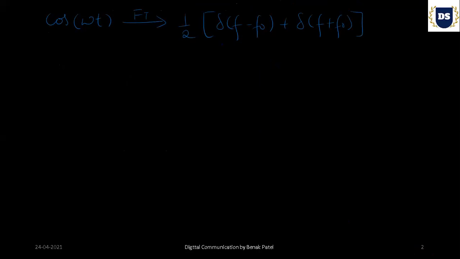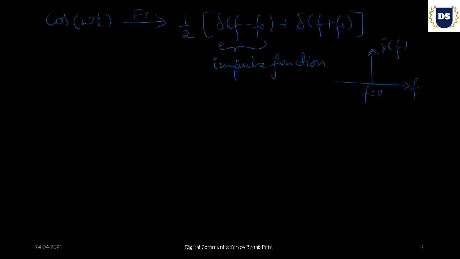So what is this delta? We all know that delta is the impulse function. Right now this impulse function is in frequency domain, so I'll consider the frequency axis. Impulse function is something like this: delta of f, which is defined only at frequency value equal to 0.